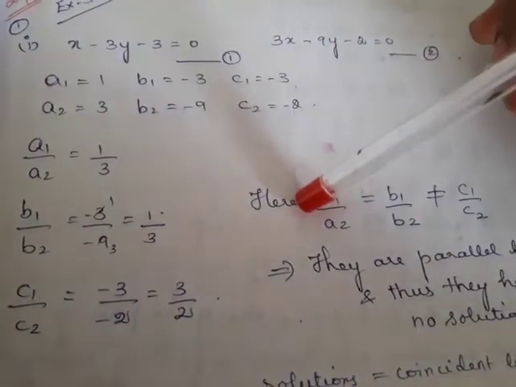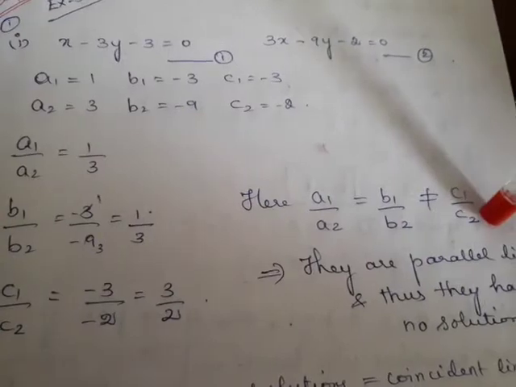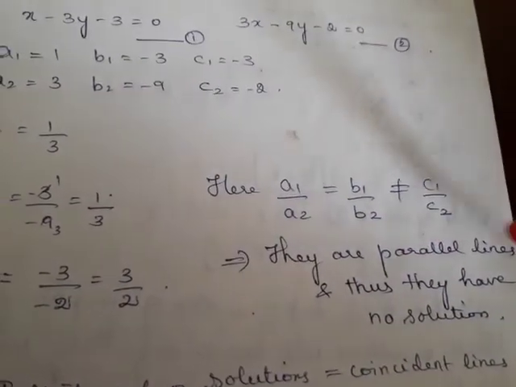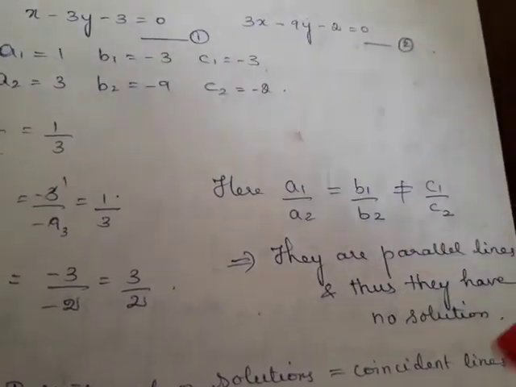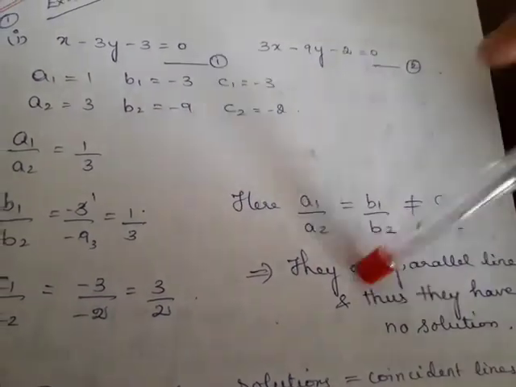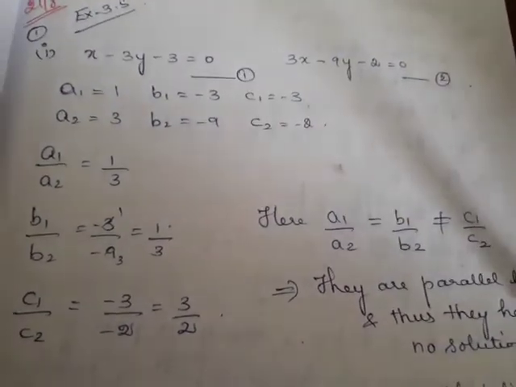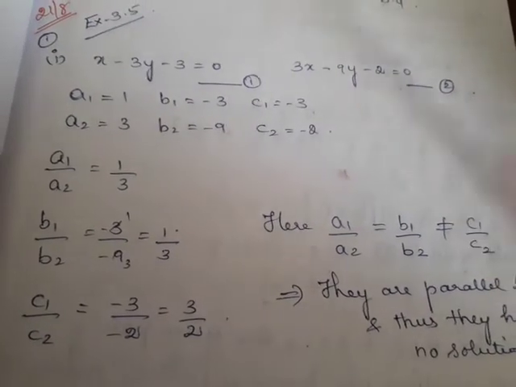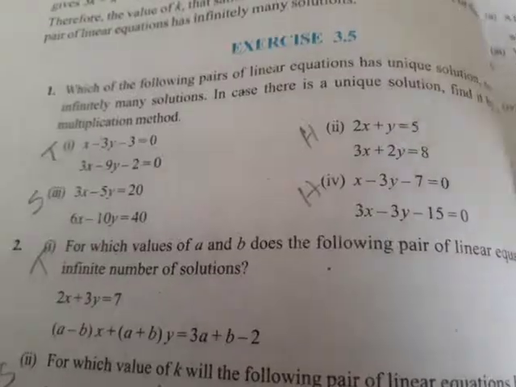So these two are equal and this is not equal, therefore they are parallel lines. If they are parallel lines, they have no solution, right? They are parallel lines and thus they have no solution, right? Hope you understood.